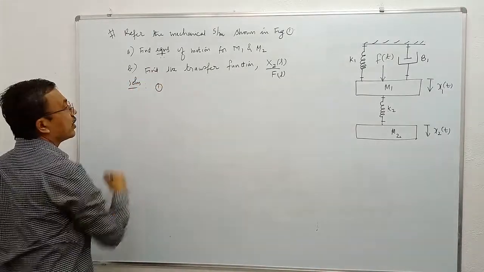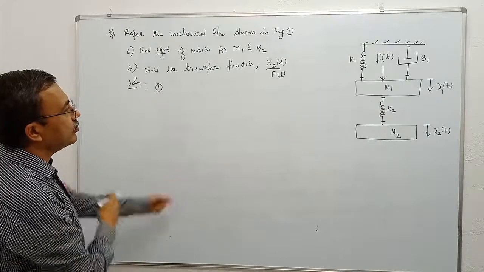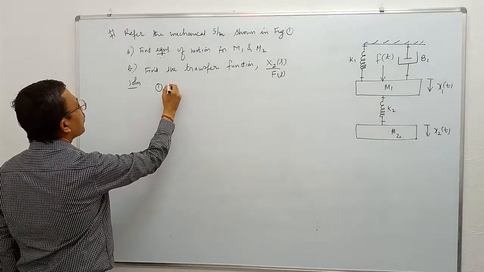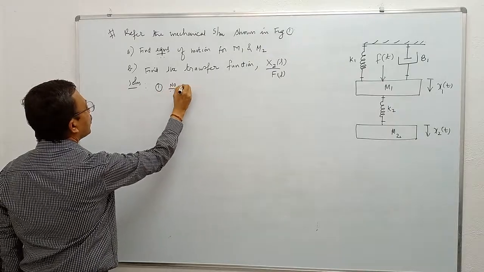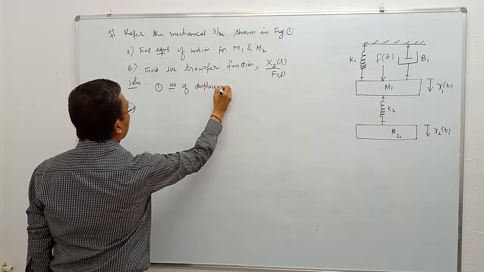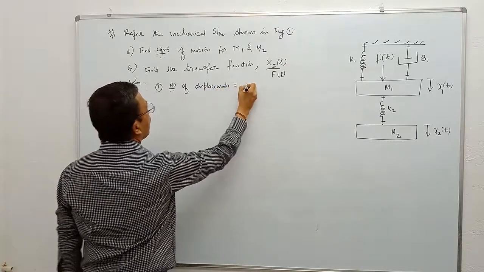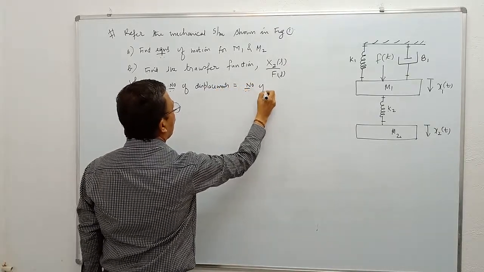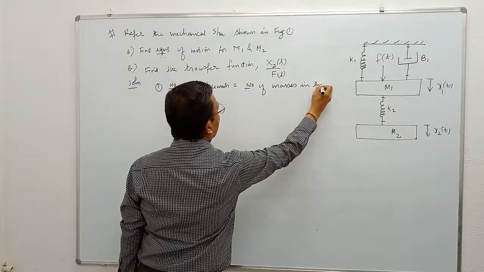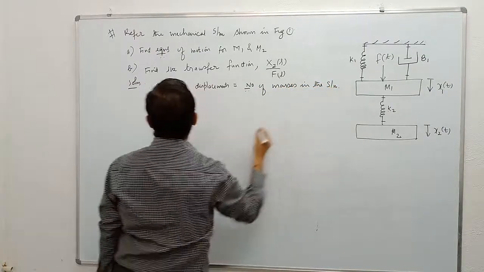First one is number of displacements. Number of displacements equals number of masses in the system.